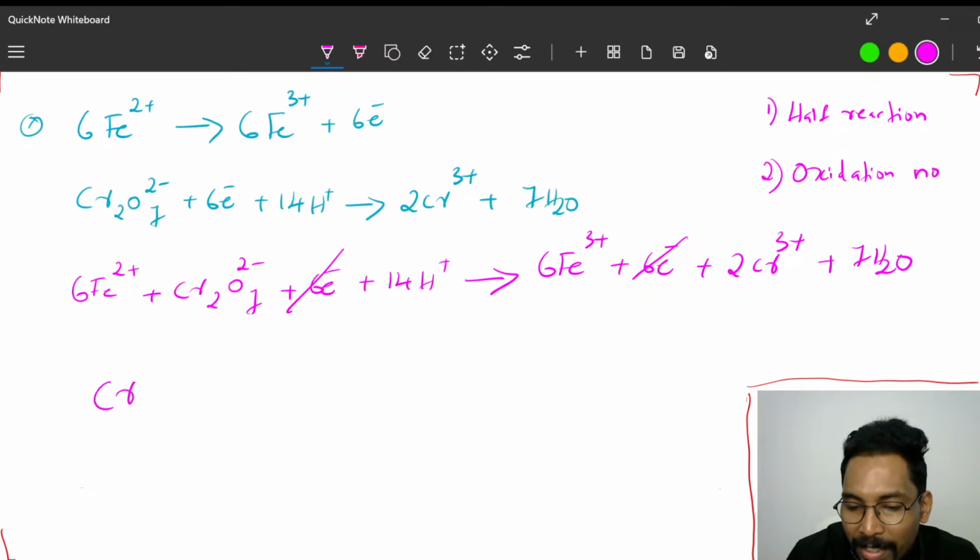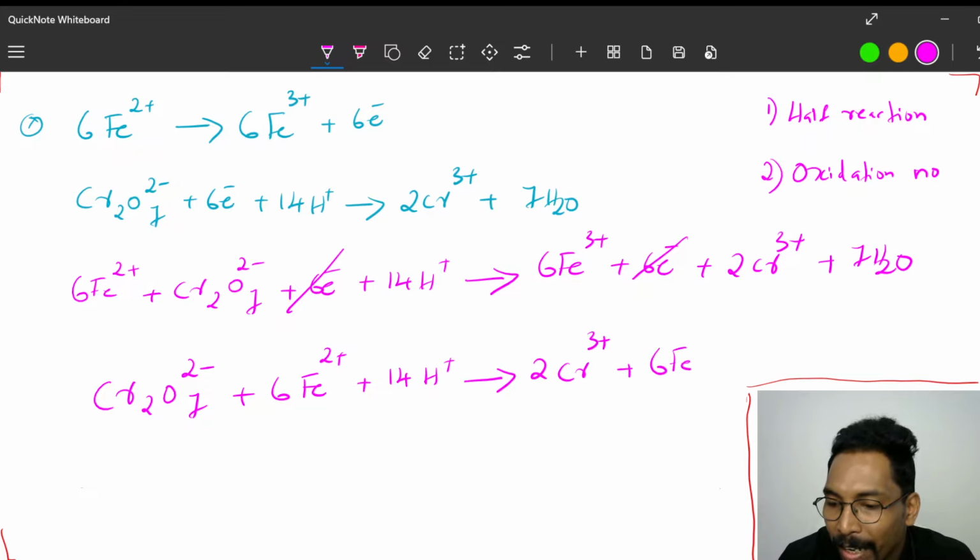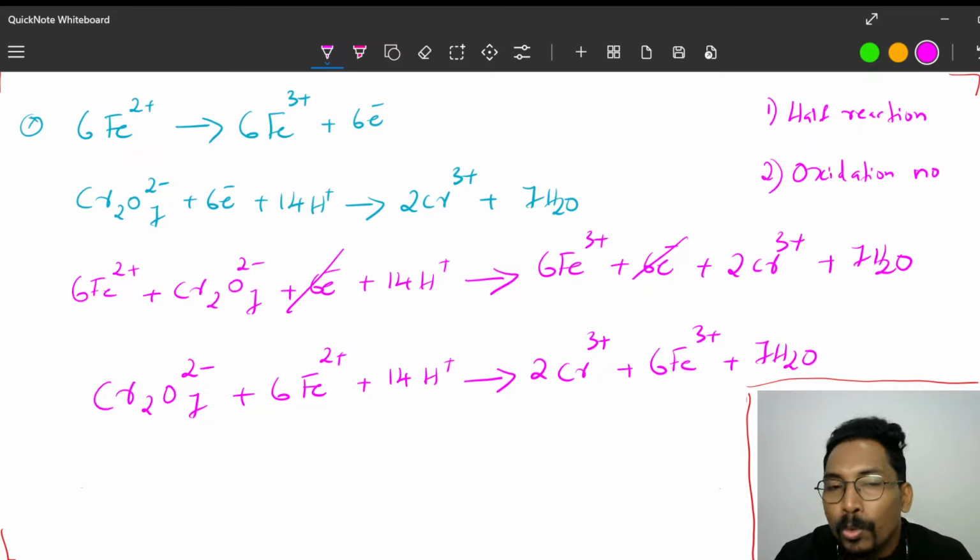What are the remaining things? Cr2O7 2- plus 6 Fe2+ plus 14 H+ gives 2 Cr3+ plus 6 Fe3+ plus 7 H2O.